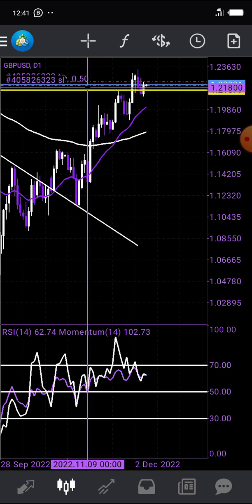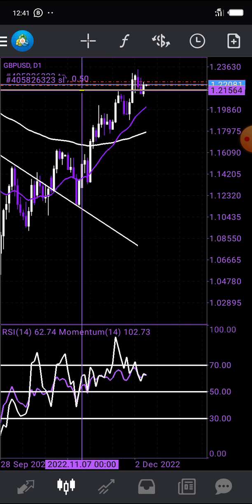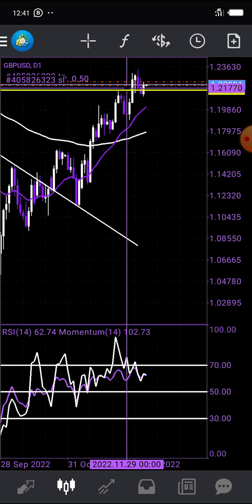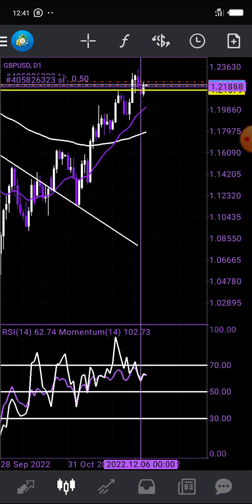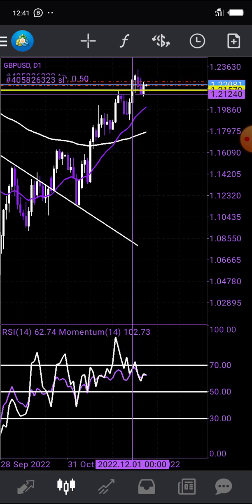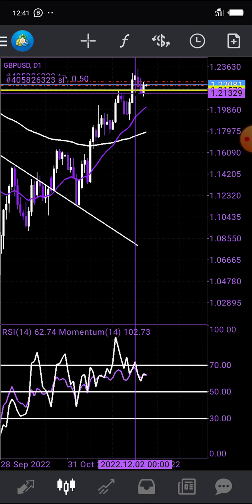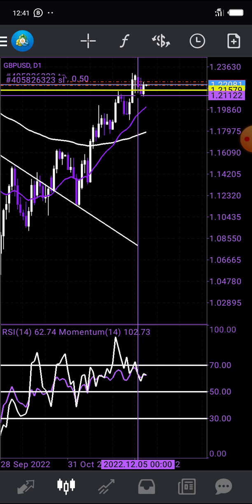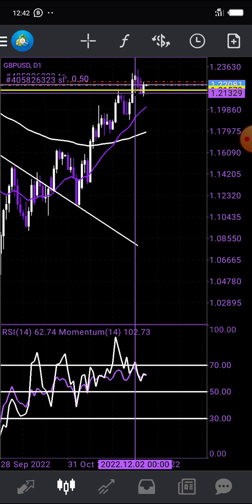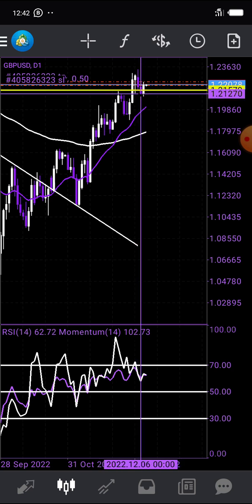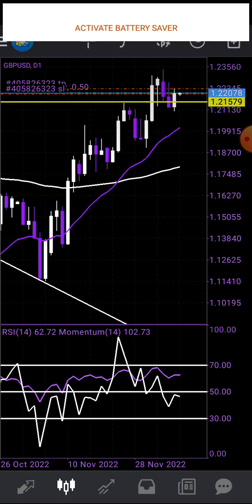At this point, this is my resistance zone, and I see price break out of it and come down to retest this level. I got in on a trade as early as this morning. Oh no, sorry, this is another day that has started right here. So as early as yesterday morning I got into this trade here, and I rode the trade right to the up zone.